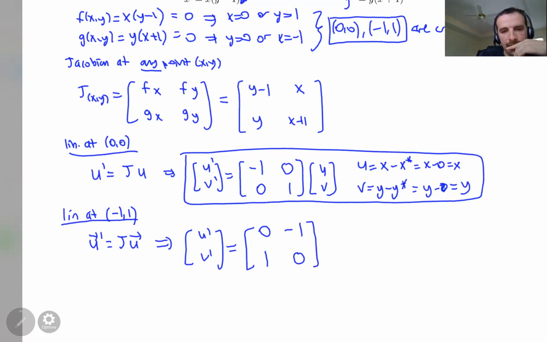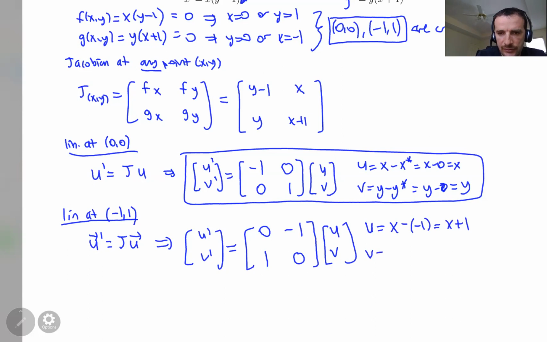What is that equal to? Times (u, v). And what is u equal to? X minus x star, and x star is negative 1. So x plus 1.